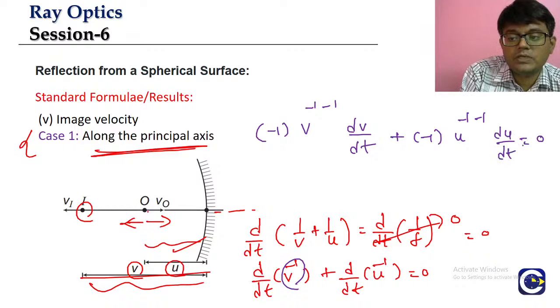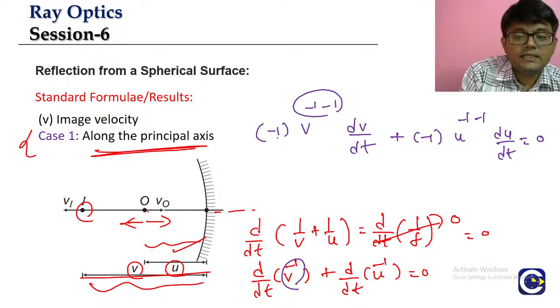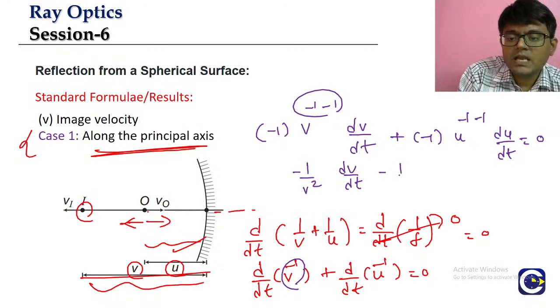The total value is 0. V power minus 1 gives v power minus 2. This is minus 1 by v square into dv by dt, minus 1 by u square. Same way, u power minus 2 you can write as u square in the denominator, minus 1 by u square into du by dt.